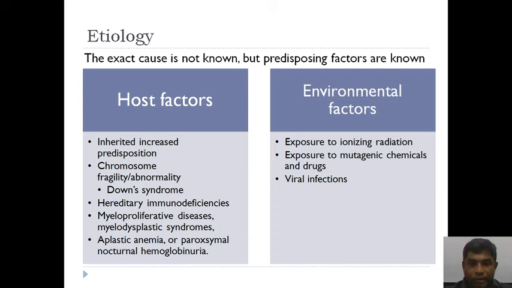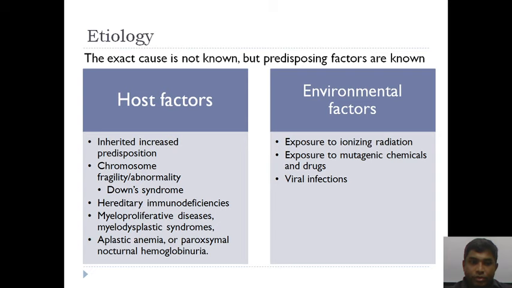Other hematopoietic disorders like myeloproliferative diseases and myelodysplastic syndromes can evolve or later lead on to an acute leukemic stage. Bone marrow failure syndromes, which are dysfunctions of the bone marrow, including aplastic anemias and paroxysmal nocturnal hemoglobinuria, can also lead on to acute leukemias in the later stages especially.